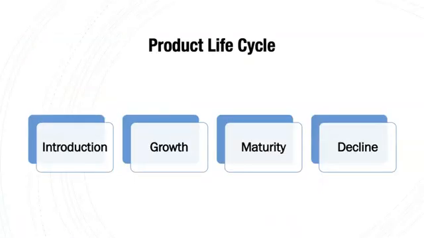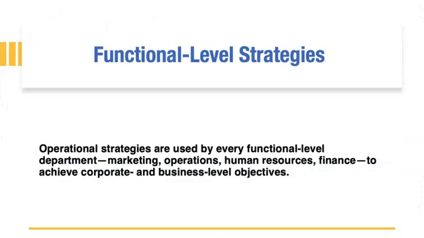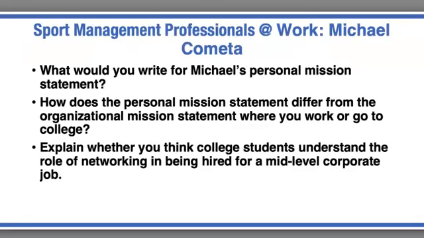You have this product life cycle. So you introduce it, does it grow, does it mature, does it decline? So how are you going to revamp this? How are you going to keep up with this product life cycle? And then functional level strategies, your marketing, operations, finance, those types of strategies are functional level strategies.